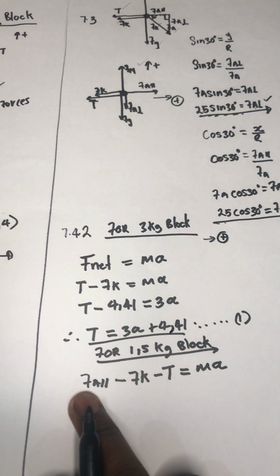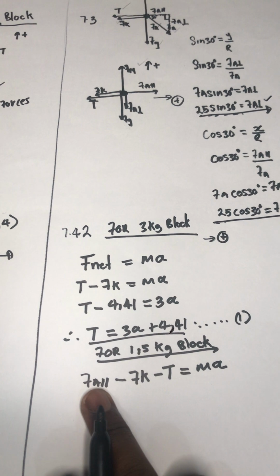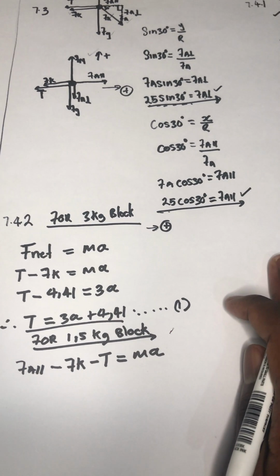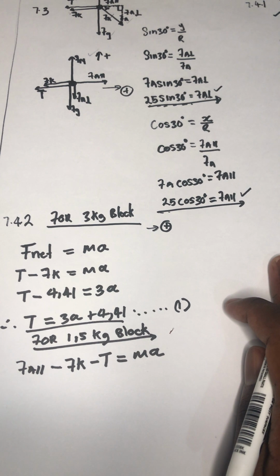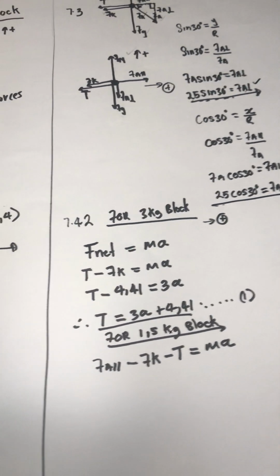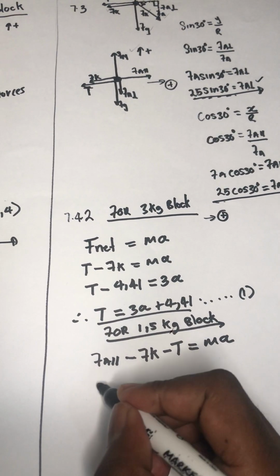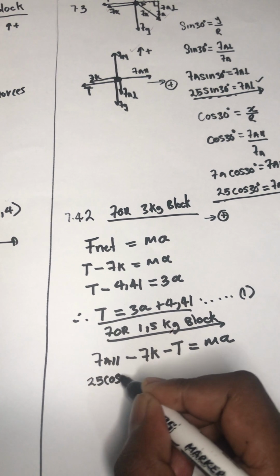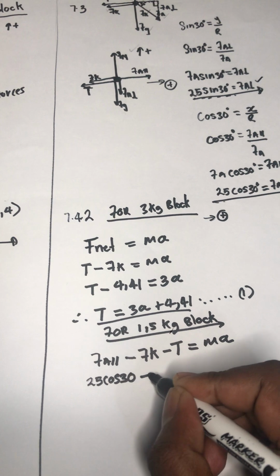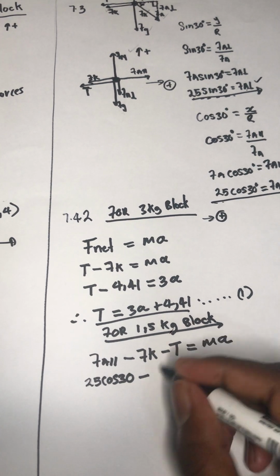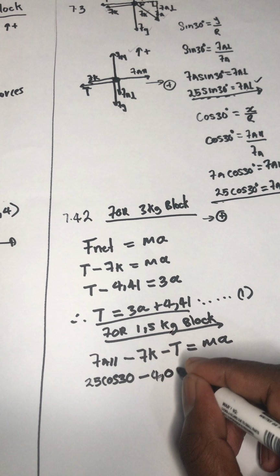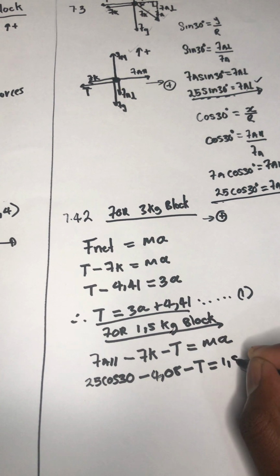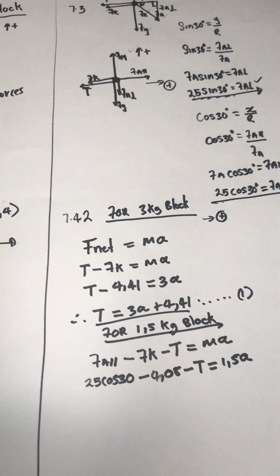Okay, F_A parallel is 25 cos 30. So this is 25 cos 30 minus the friction we calculated earlier, 4,08, minus tension is equal to 1,5a.